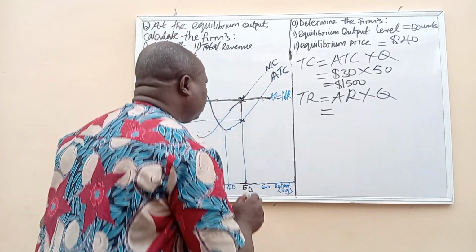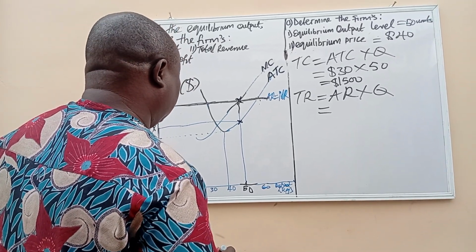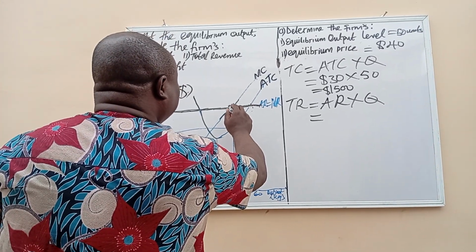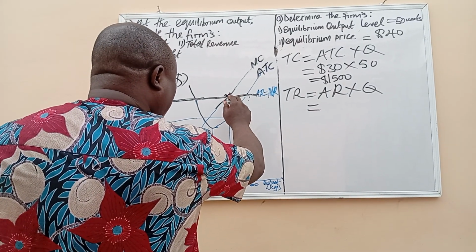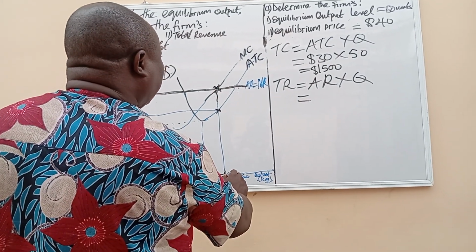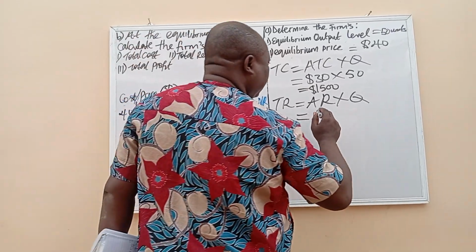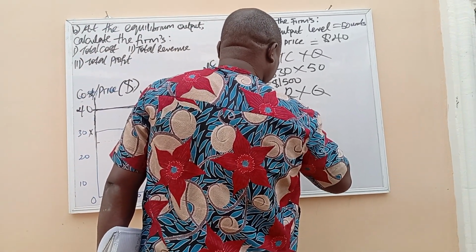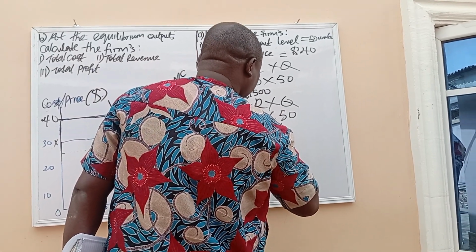But let's look at the point of intersection. This is the point of intersection. So you have 50 as the output. Therefore, the revenue is what? $40 times 50. This will give you $2,000.